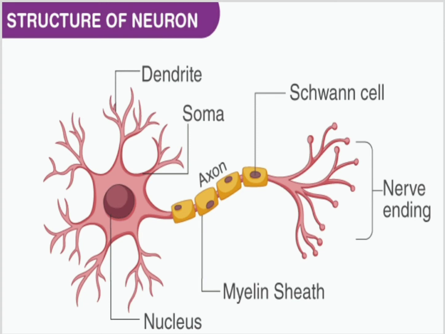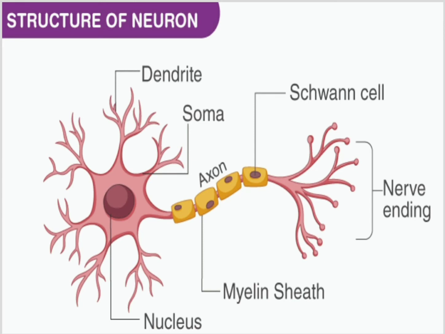Okay. The axon terminal of one neuron is connected to the dendrites of another neuron. So because of this interconnection, a very long chain of nerves is formed.